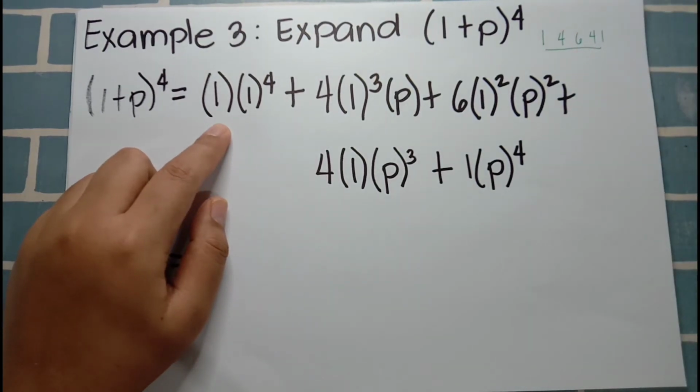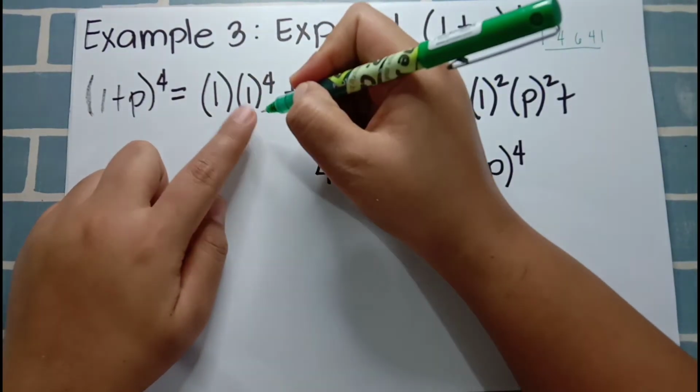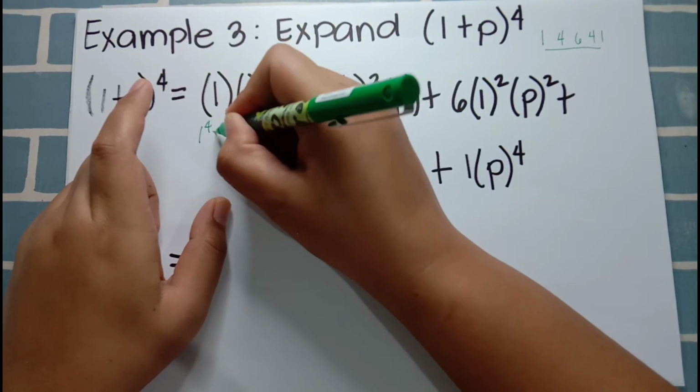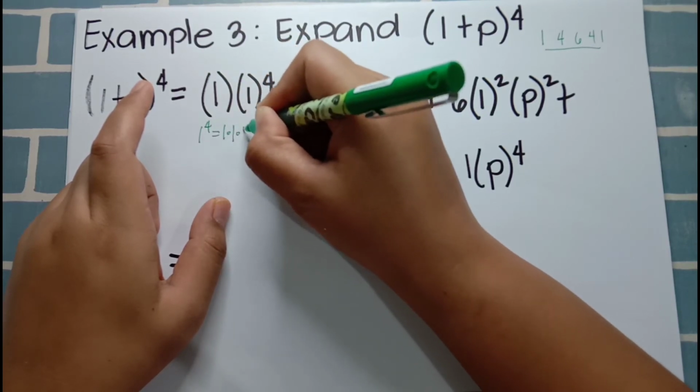So, 1 times 1 raised to 4 is 1 times 1 times 1 times 1. Of course, the answer is 1.